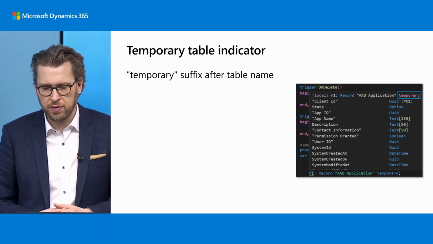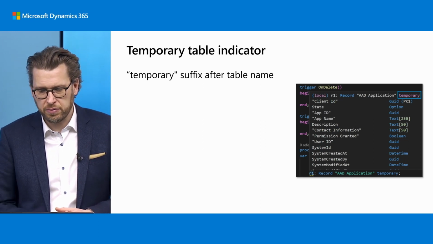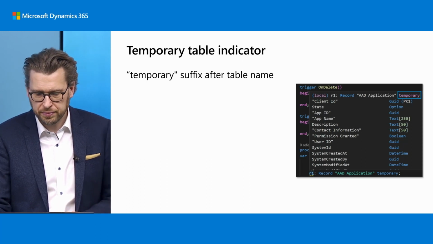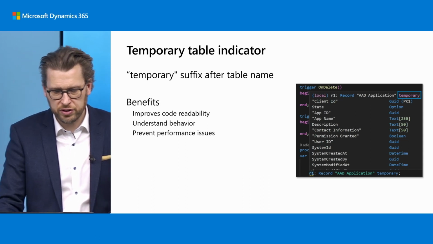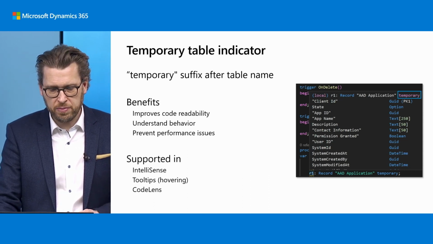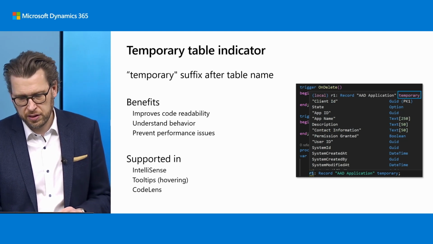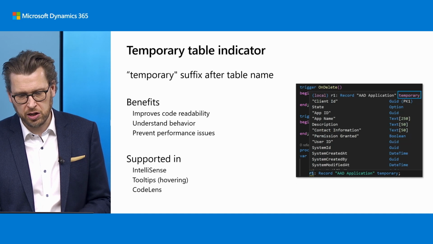So when you hover over this record, you can see that it's a temporary table. And as I said, the benefits are here. We support these in IntelliSense, in the tooltips, and in CodeLens. So that makes it a lot easier.